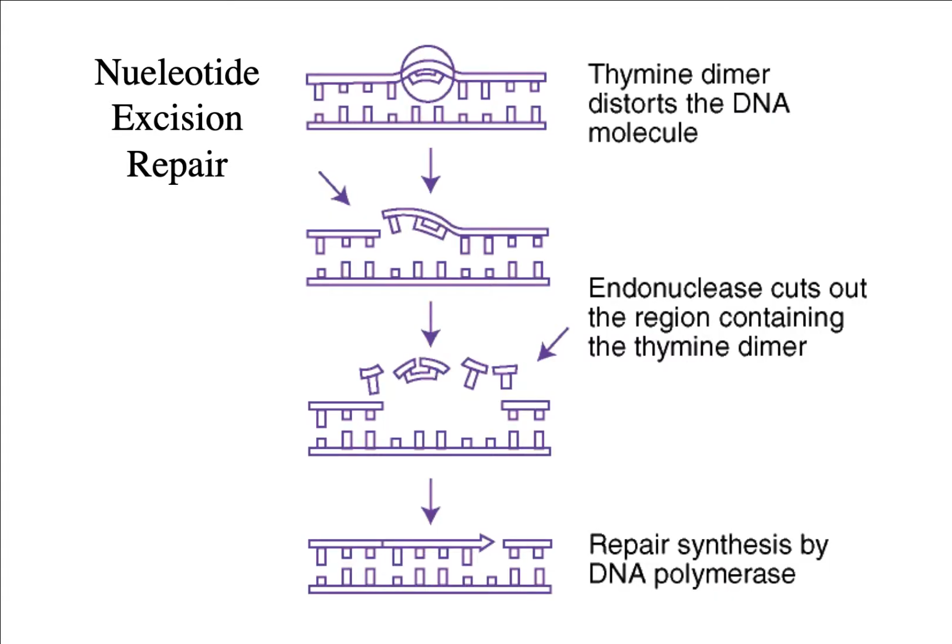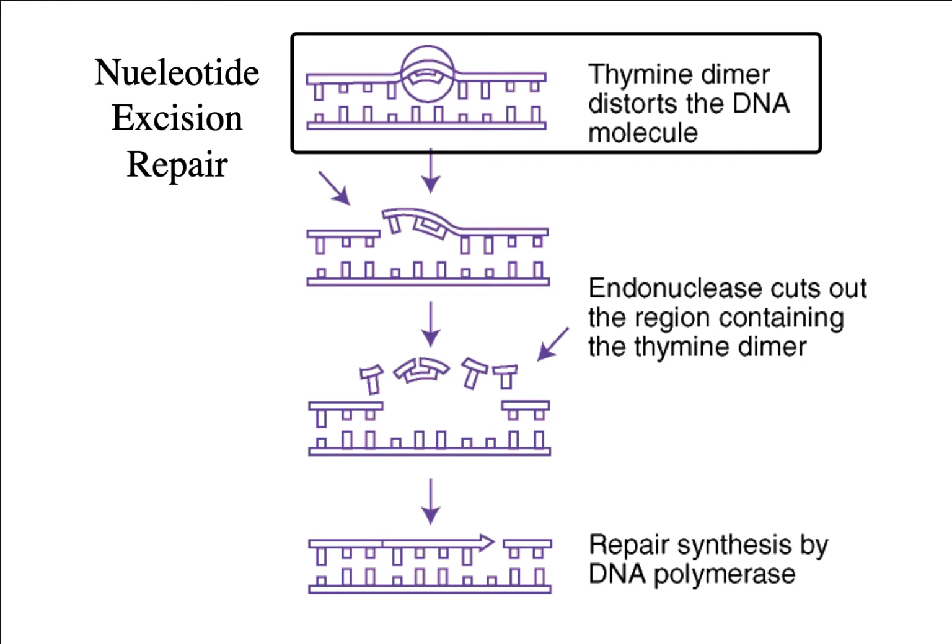Nucleotide excision repair is signaled when there's usually a bulge or a distorted region in the DNA. There are constantly DNA binding proteins that move along the DNA to find lesions.